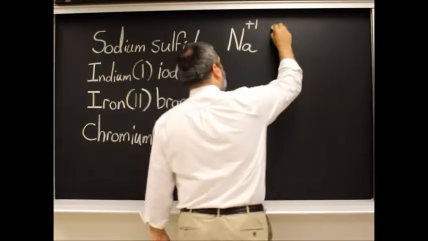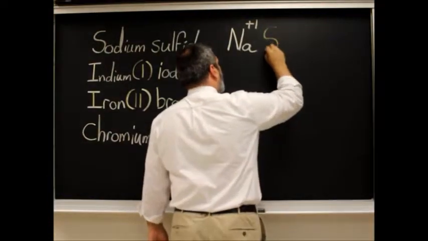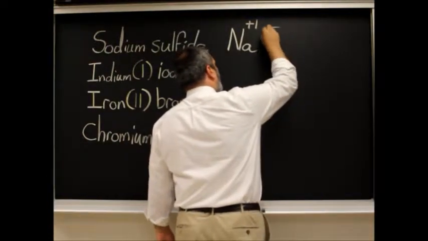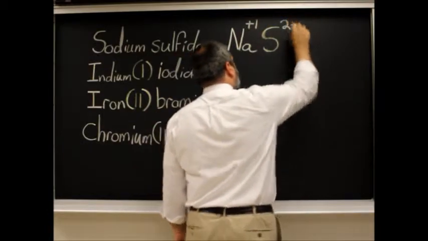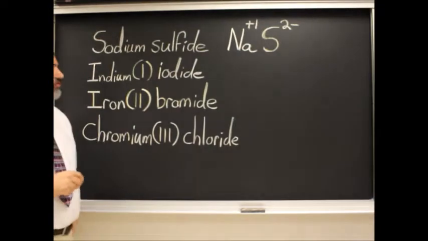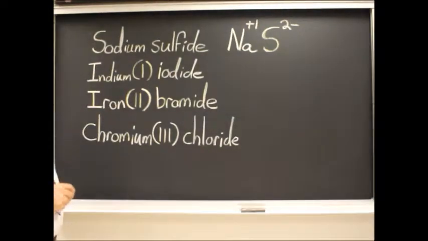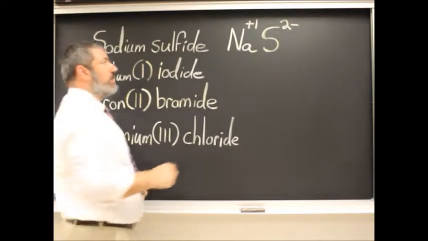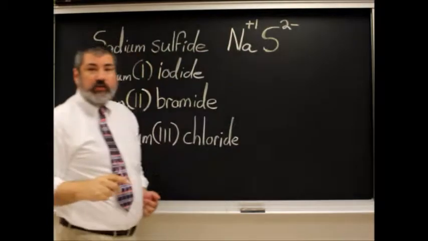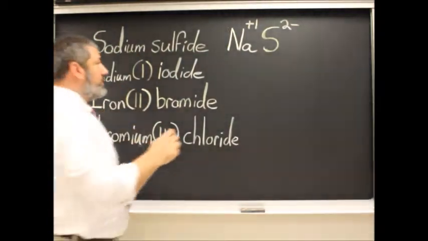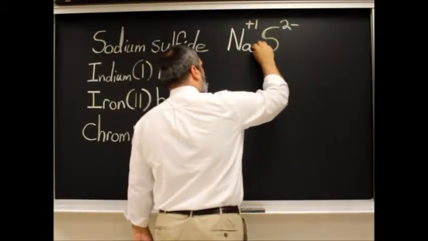Sulfur has the chemical symbol of S, and it forms a 2- charge, an anion. To get charge neutrality, we need to have 2 positive charges and 2 negative charges. And again, by cross multiplication, you can write this out formally.